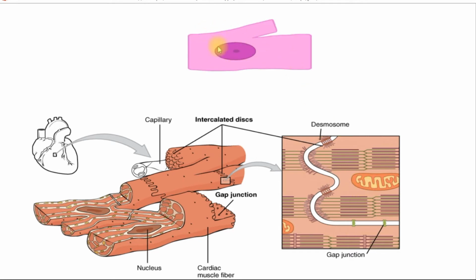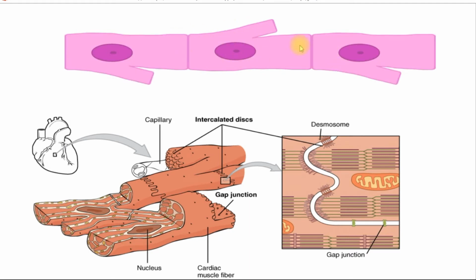So let's look at how they are attached to each other. Here we can see a cardiac myocyte, and there are neighboring cardiac myocytes, and they are attached to each other end to end. In smooth muscles, attachment is side to side. In the cardiac muscle, it is end to end. And they form these rows of cardiac myocytes. Intercalated discs are present here.